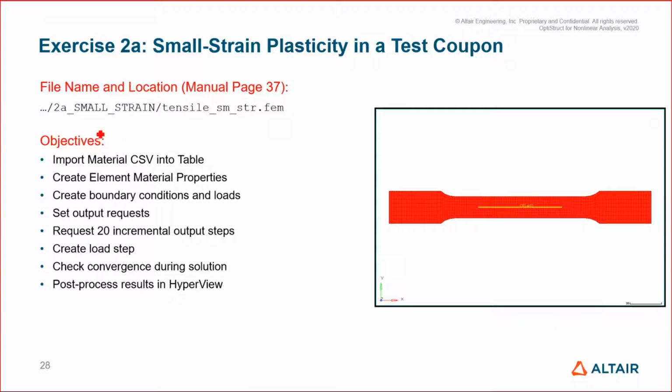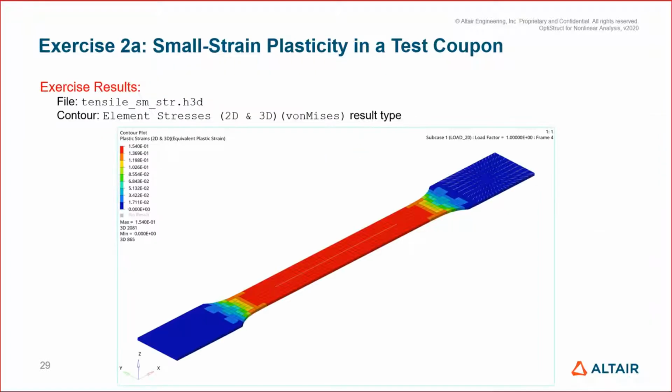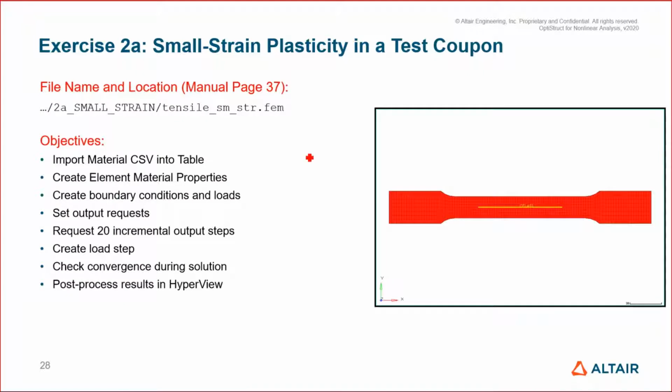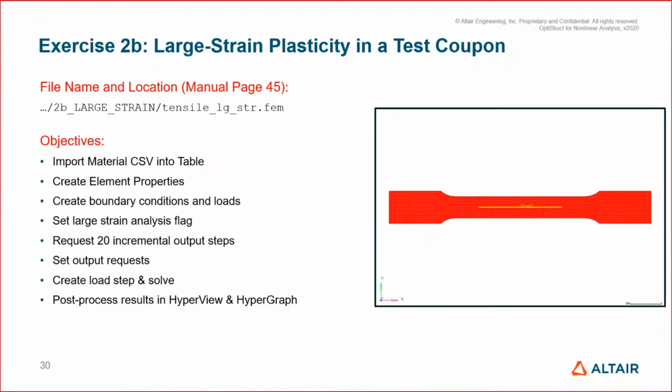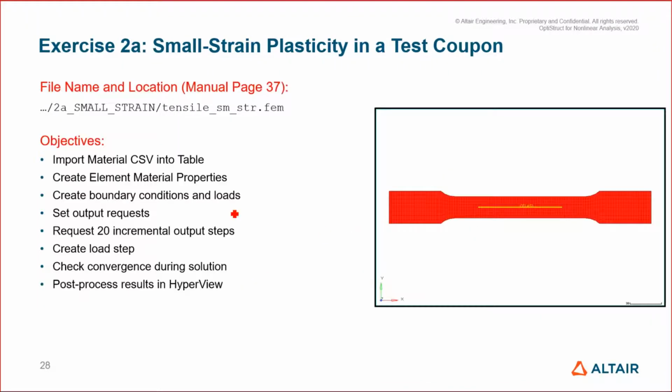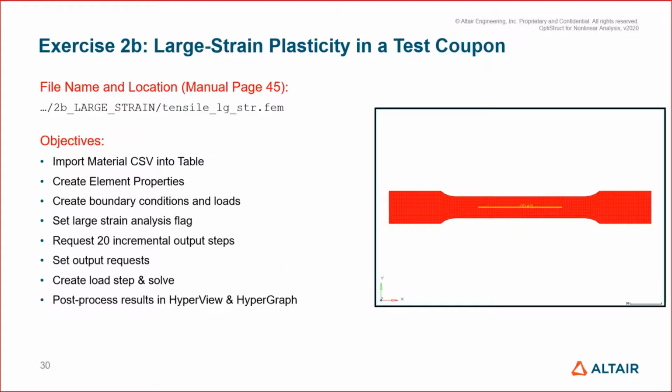Here we have a small exercise to compare small strain and large strain. Of course, if you run with small strain, it definitely won't capture the curve behavior correctly. The steps are the same.